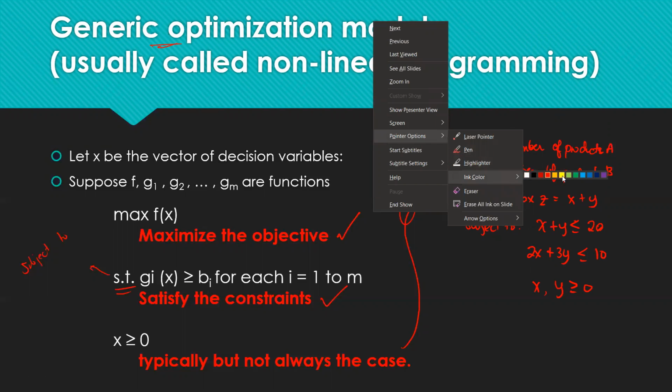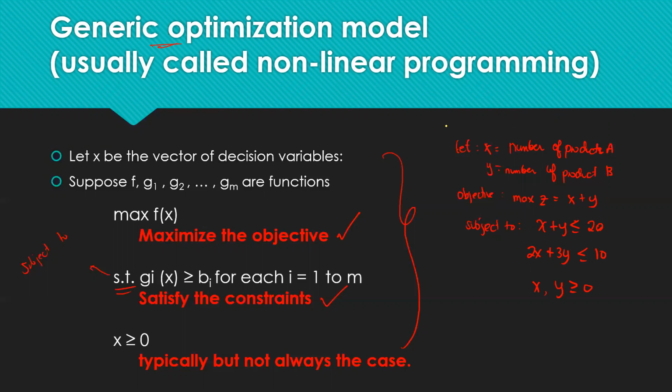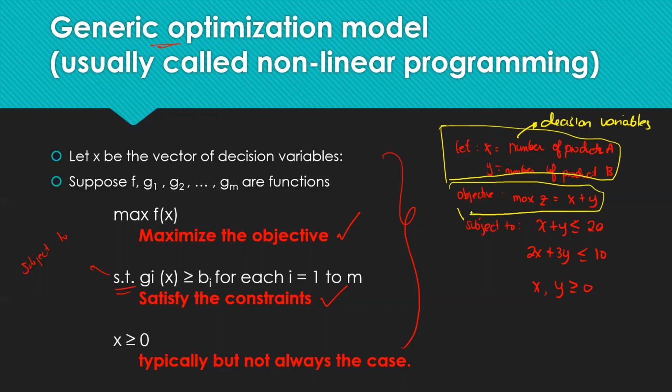So once again, ang tawag dito sa portion na yan, ito yung ating decision variables. Okay? Ang tawag dito, objective function. Ito po yung ating, so lahat ng yan, constraints natin.